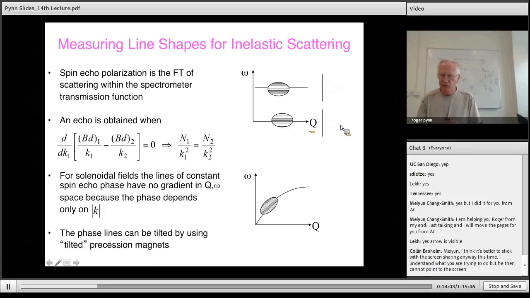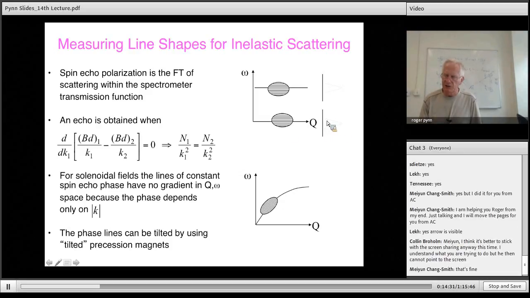That wouldn't be very useful to you, but if you have this very fine phase grid inside the transmission function, you can do a Fourier transform of whatever's inside the transmission function and measure effectively this width. You won't measure it in energy, you'll measure it in time, as I showed you during the last lecture, but you'll effectively be measuring the lifetime of this excitation using this Fourier technique.